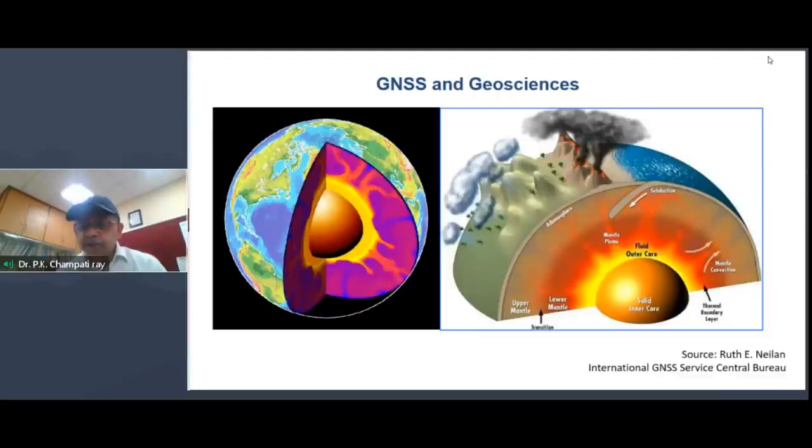One is the solid inner core, we have the fluid outer core, then we have the mantle and the crust. The crust is the thinnest outer layer, on which the continents and oceans, land mass and ocean, are situated, and along with the plates, these are also moving.